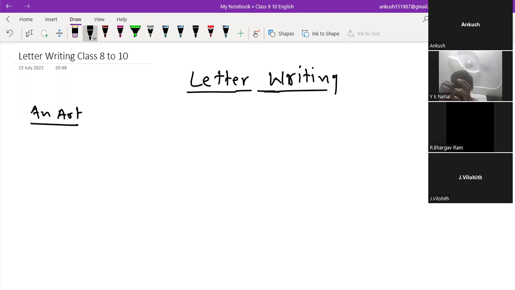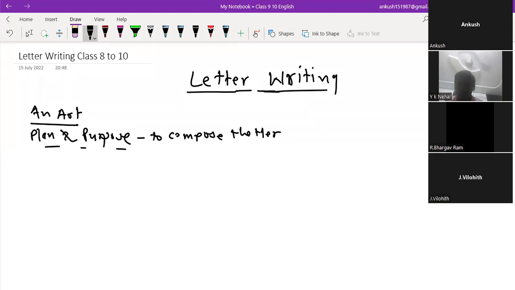So it is a very essential skill, and therefore it requires a definite plan and purpose as well, to compose the letter. Are you getting the point?